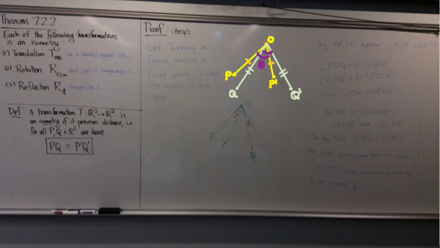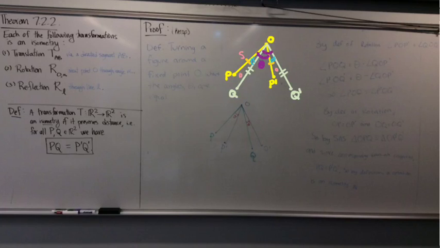How we're able to argue in this proof is that the congruency of the angles theta that are both labeled on this diagram implies the congruence of the angle POQ and the angle P prime O Q prime, by envisioning both of those angles as being the difference between theta and the angle POQ. If those two are congruent angles, then we can make a congruence argument for triangle POQ and triangle P prime O Q prime because of side angle side.